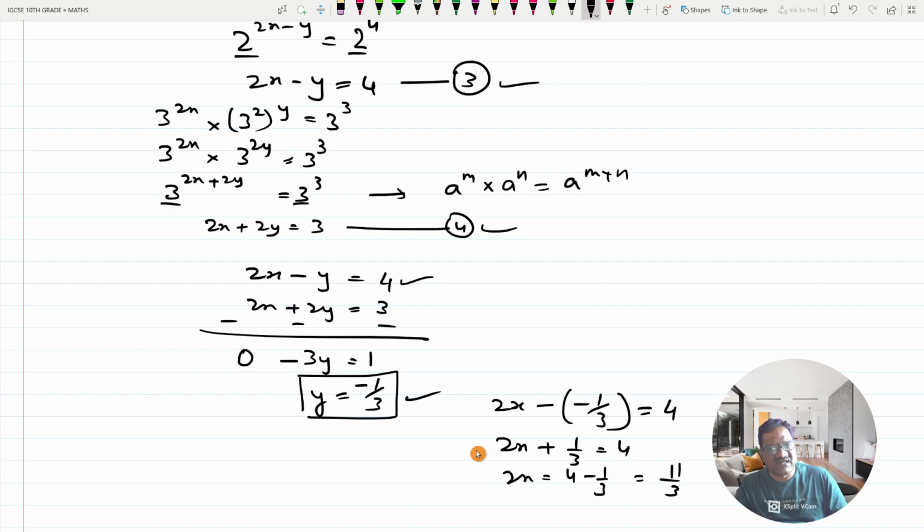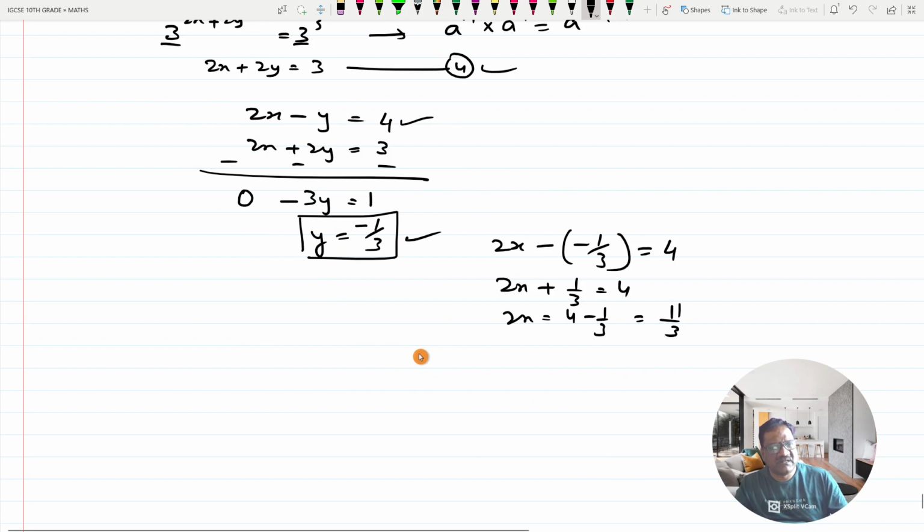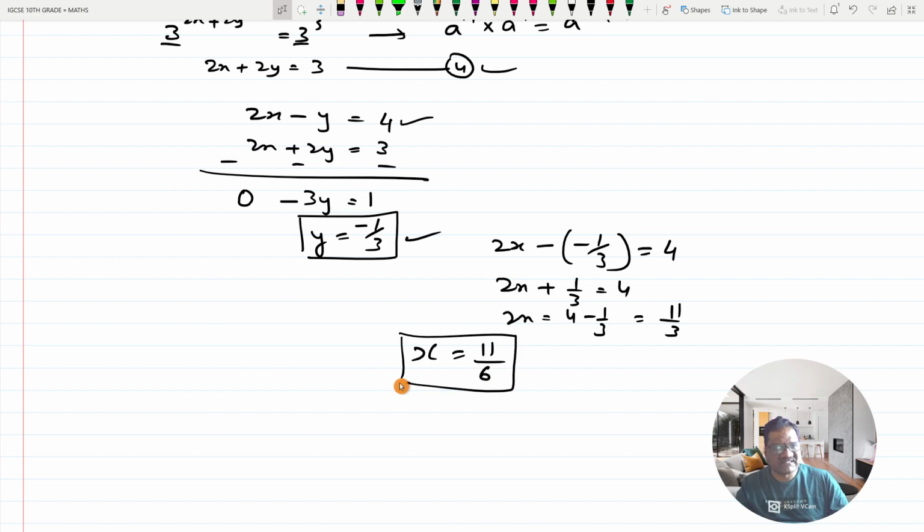So my x should be equal to 11 upon 6. This is my x. So I have solved the equation and I've got the values for x and y as 11 by 6 and minus 1 by 3. Let me just check the answer behind in the book. And the answer correctly says that x is equal to 11 upon 6 and y is equal to minus 1 by 3.